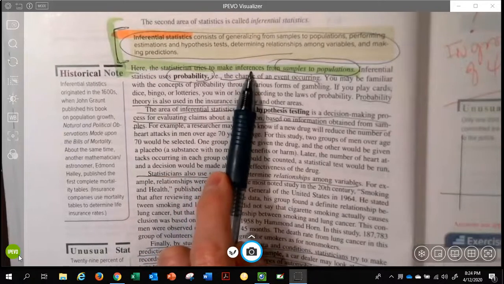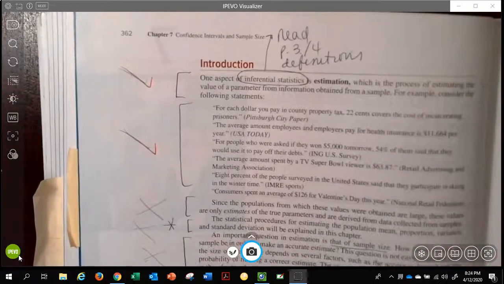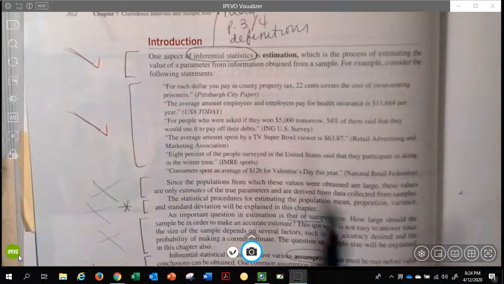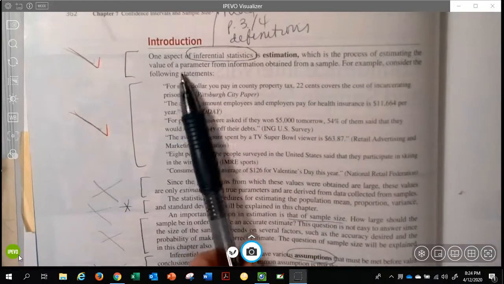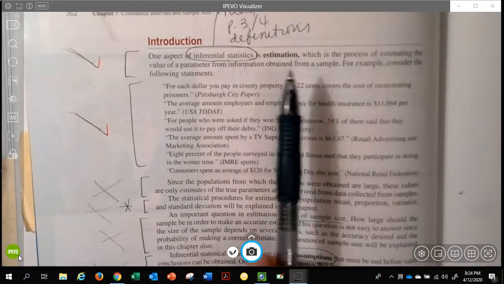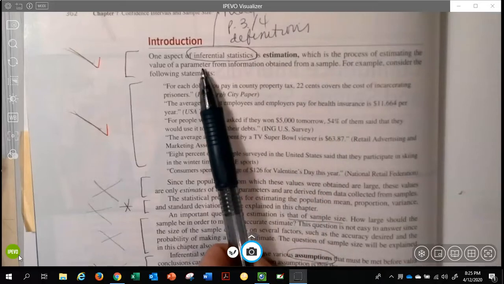They're not just going to describe, they're going to start making inferences. And if you go back to page 362, it says one aspect of this is estimation, which is the process of estimating the value of a parameter from information based on a sample. So we're going to look at a sample and try to talk about the population.